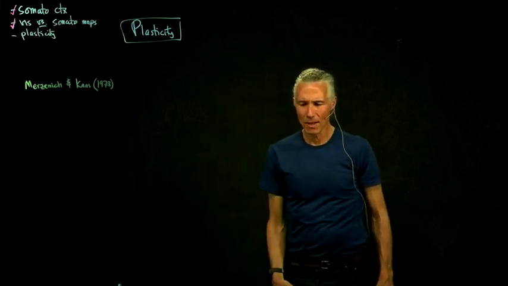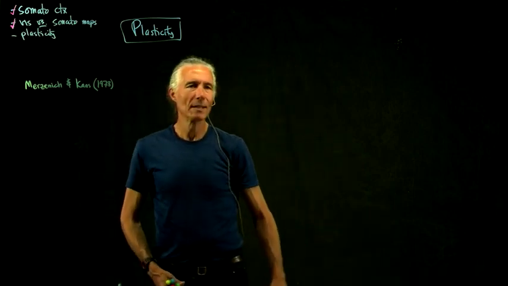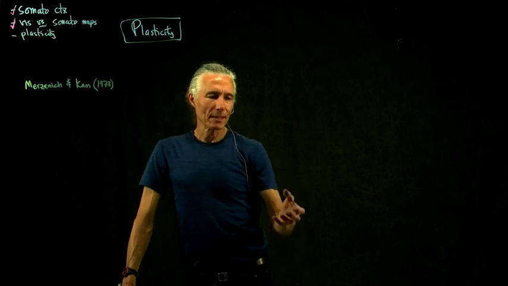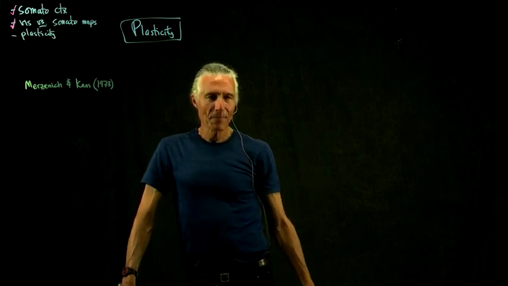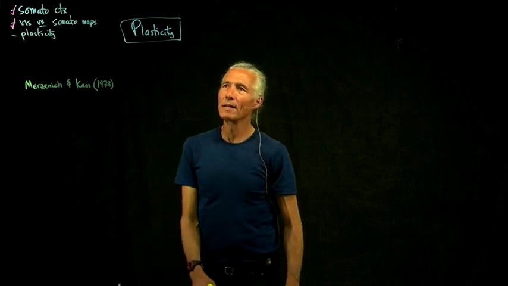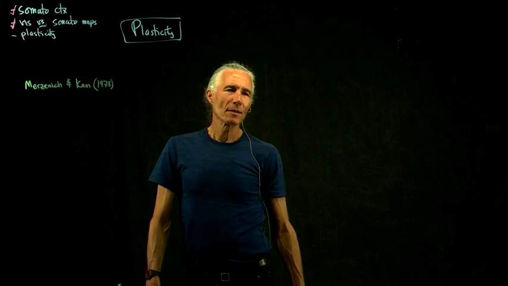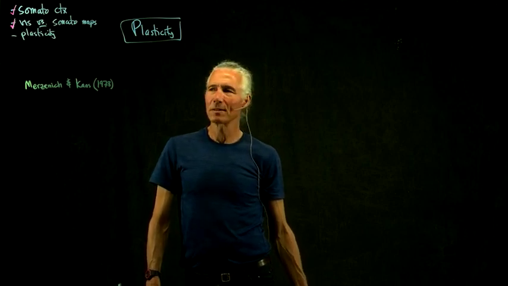So what they did soon after that was to see, are these maps fixed? These experiments were almost all based on, so Merzenich was up in San Francisco in contact with some of the hand surgeons up there.